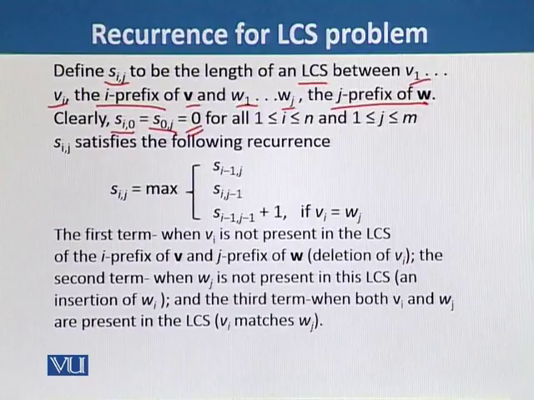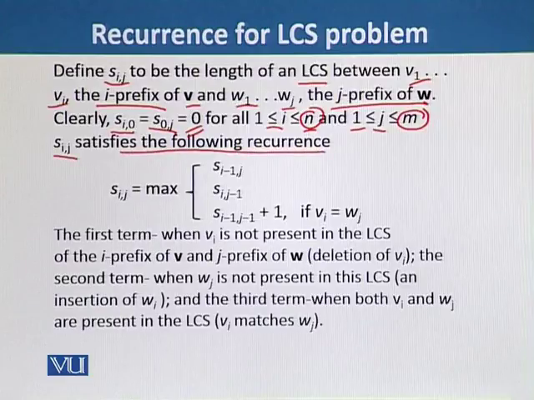And for all of these, 1 should be less than or equal to i, and i should be less than or equal to n, and similarly 1 less than or equal to j, and j less than or equal to m. These m and n are the numbers of characters in the V and W strings. Similarly, Sij satisfies the following recurrence.